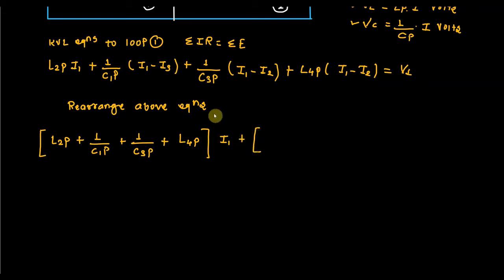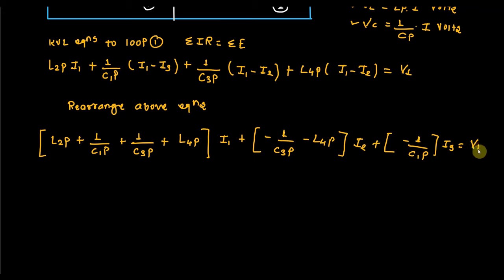Similarly, collect the values of I2. So there is minus 1 upon C3P, and the second term is minus L4P. This is the I2 coefficient. Similarly, I3: it is minus 1 upon C1P into I3, and this is equal to V1, and we will write this as equation number 1.